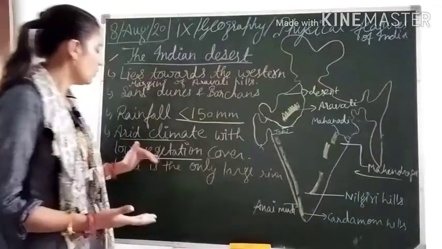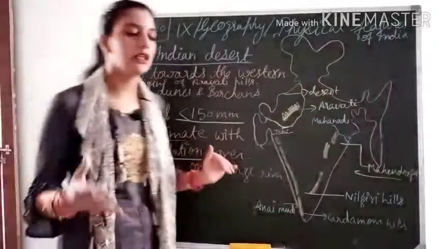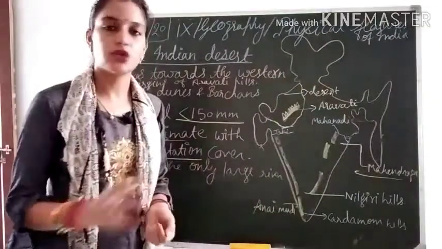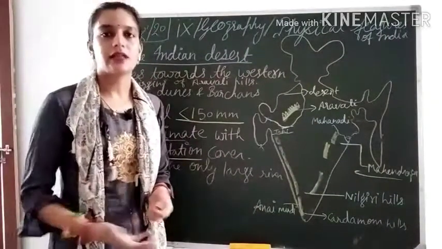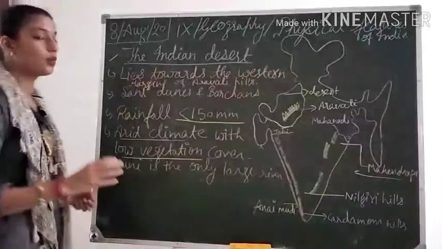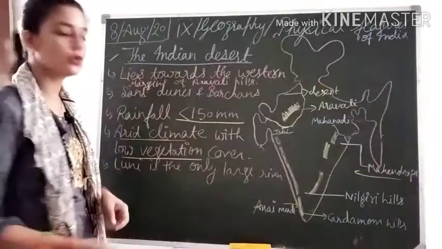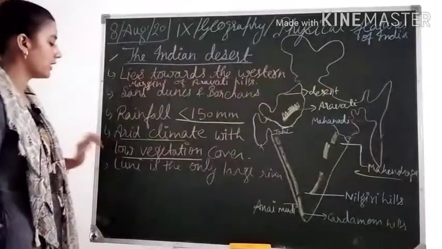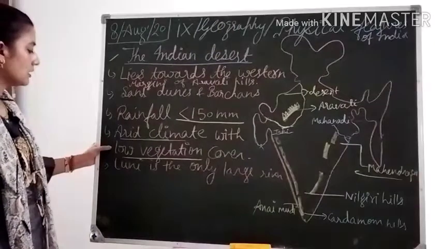So here you will only have bushes and cactus, which require very little water to grow. That kind of vegetation will be found in this area.